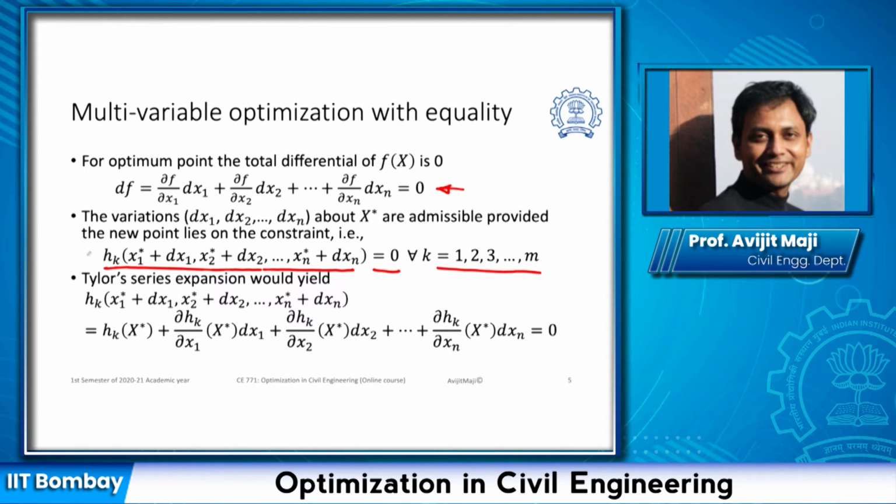Now if we do a Taylor series expansion, then we can write it as hk at the point x star, and the first order derivative with respect to each of the variables, the partial derivatives, and this is going to be equal to 0.